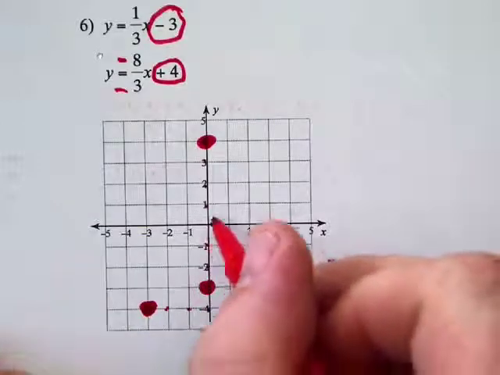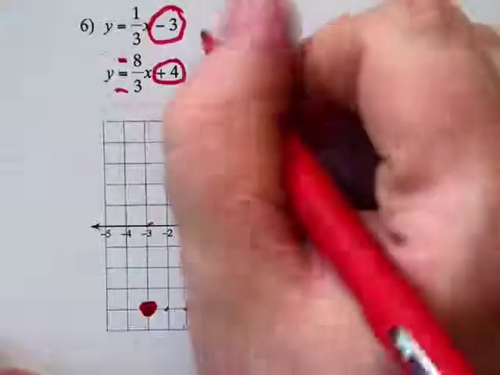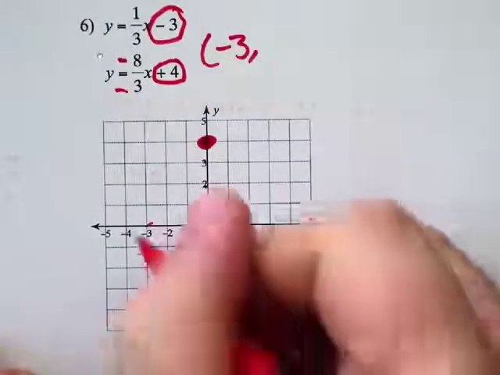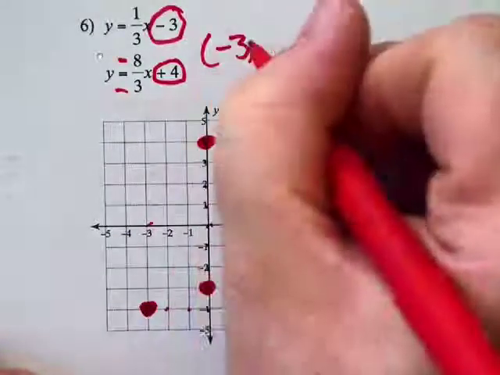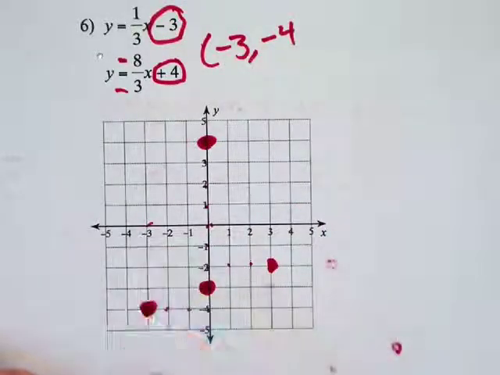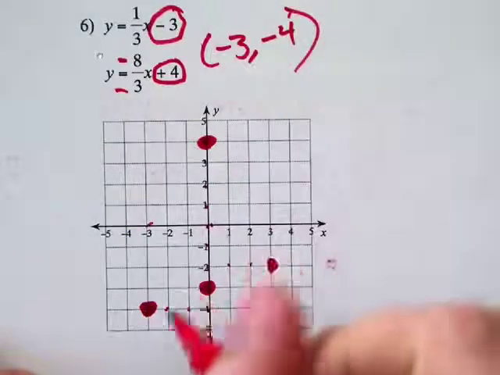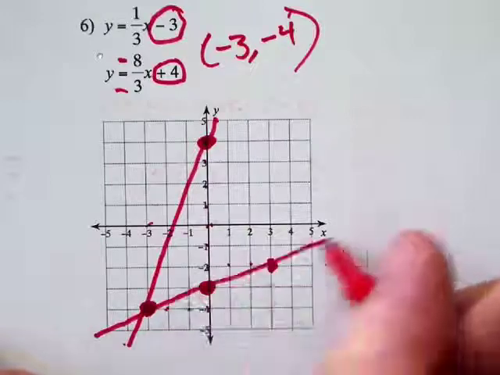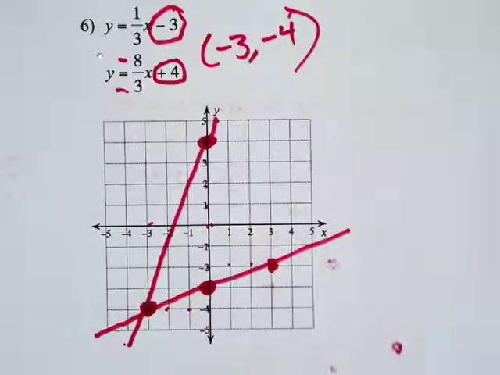And I say, okay, x is negative 3. And y is way down here at negative 4. See my x value and my y value. Okay. And then I draw the two lines. And then I'm done.